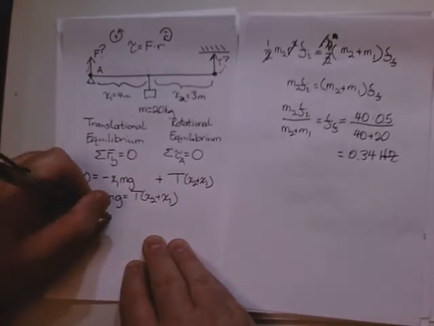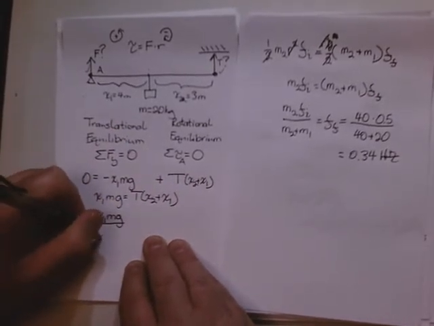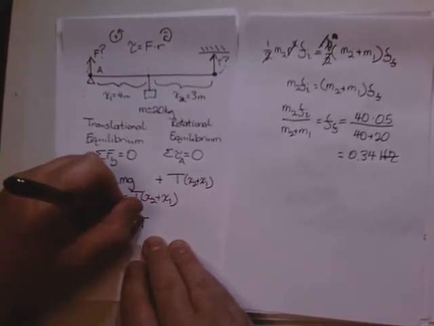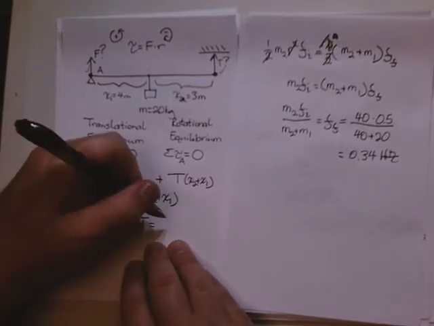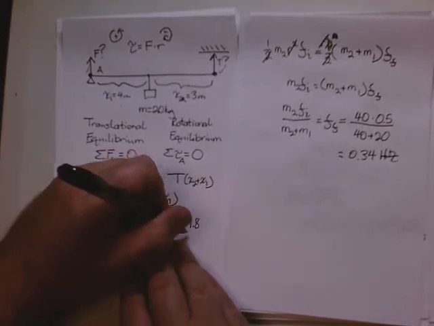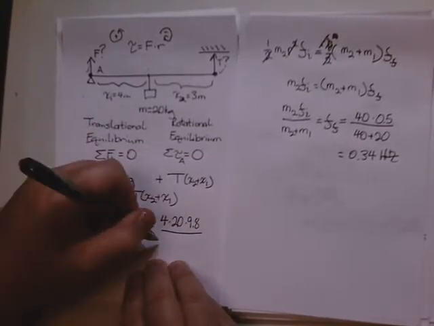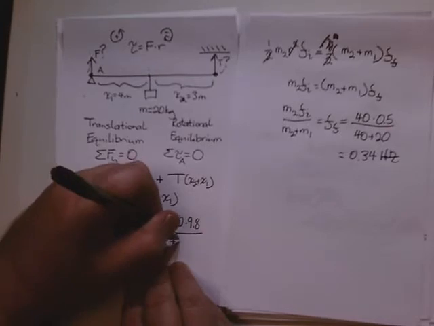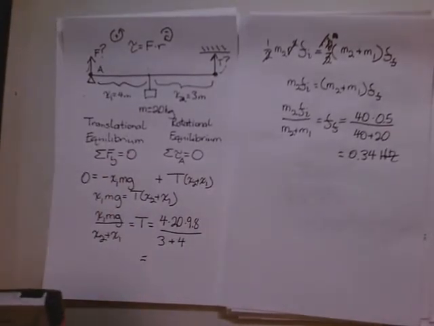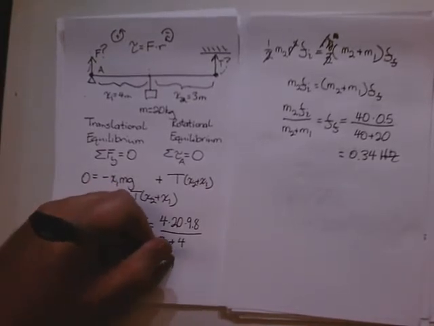So x1 mg over (x2 plus x1) is equal to T, which is 4 times 9.8 times 20 divided by 3 plus 4. So the tension is 112 newtons.